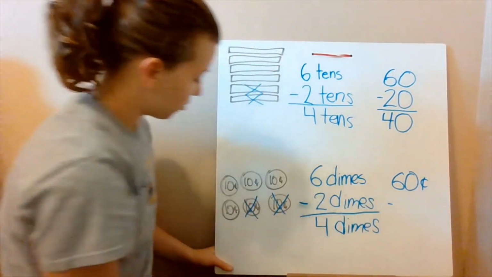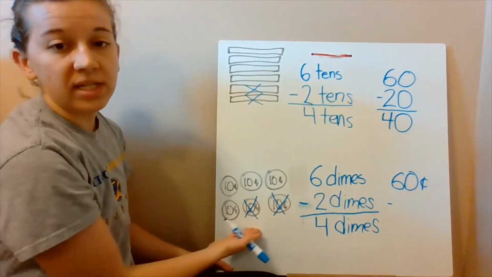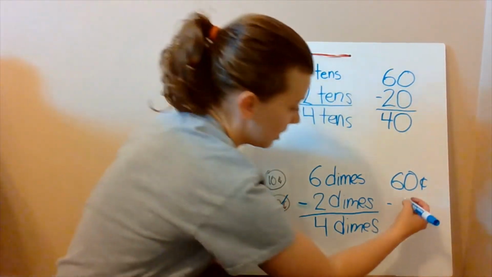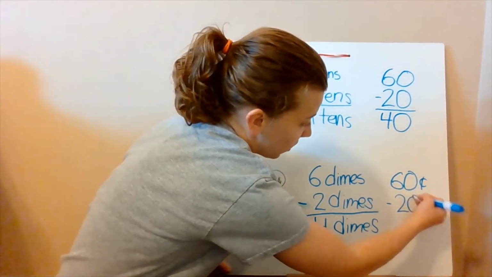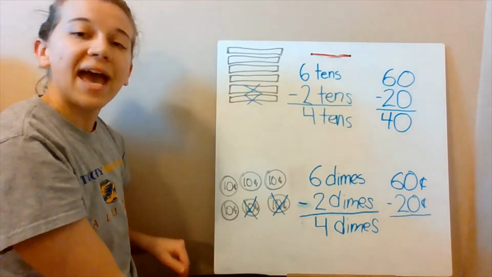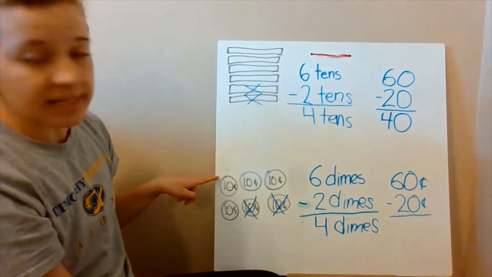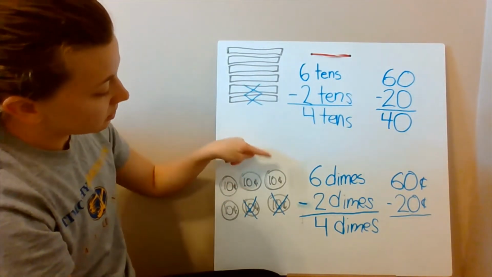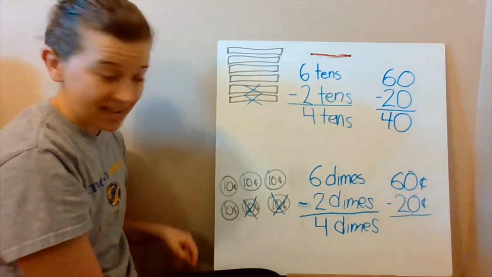Then we're subtracting. How much money did we take away? 10 cents, 20 cents. Okay. Took away 2 dimes, so that's 20 cents. And then how much money do we have left? All right, let's count how much we have left. So 10 cents, 20 cents, 30 cents, 40 cents.